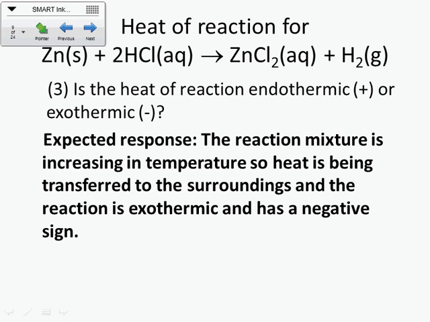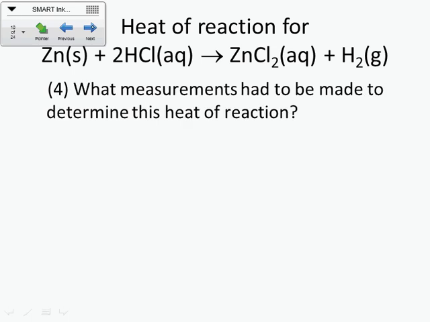And then this is a good question because it helps you to think about your lab. What measurements had to be made to determine this heat of reaction? So what things do we have to measure here? Temperature. Mass of the zinc, right? And then anything else?